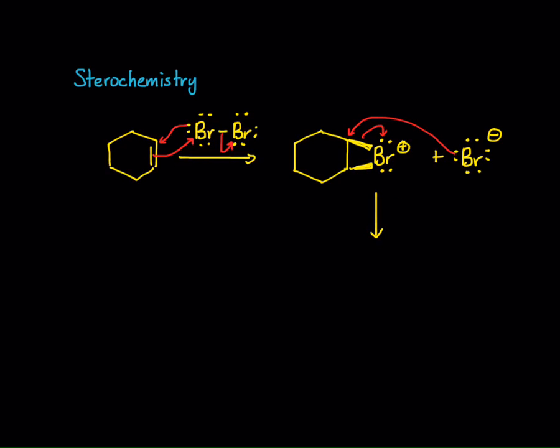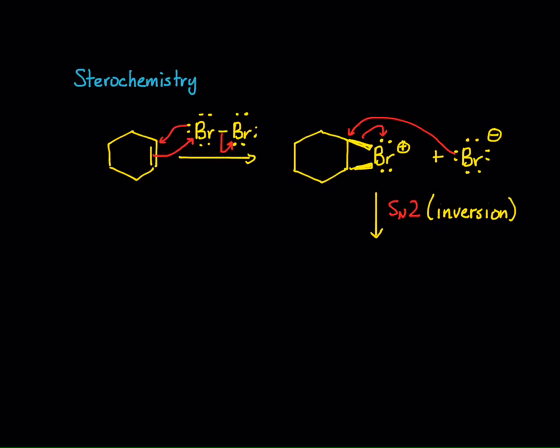So why is that important? Well, because in an SN2 substitution, we know we get inversion of configuration. So the bromide has to attack from the opposite side. Why? Because the sigma star of the carbon bromonium ion, the correct orientation of that orbital is in the opposite direction.